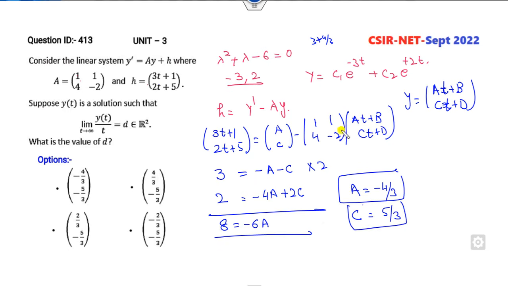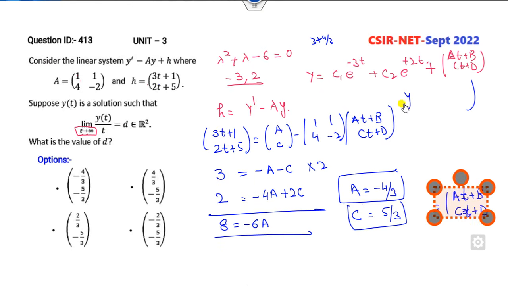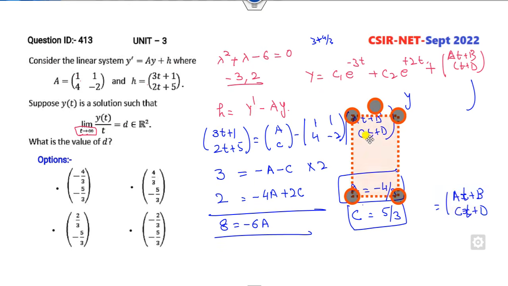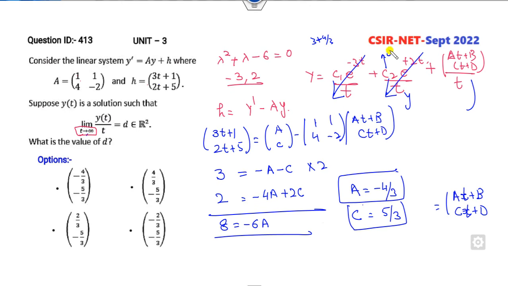Now whatever the values of b and d, my target is to find the limit at infinity. So what is my solution? It is c1 e to the minus 3t plus c2 e to the 2t, plus (at plus b, ct plus d). There is no need to solve the problem fully. If you divide by t and t approaches infinity, this goes to 0, so c2 must be 0.